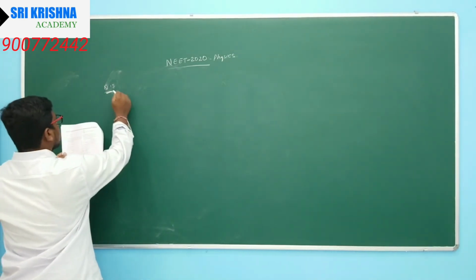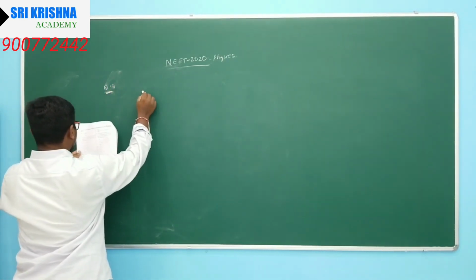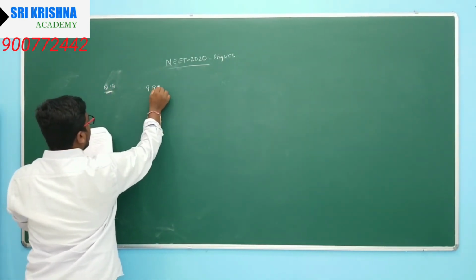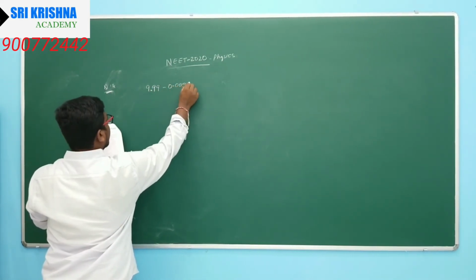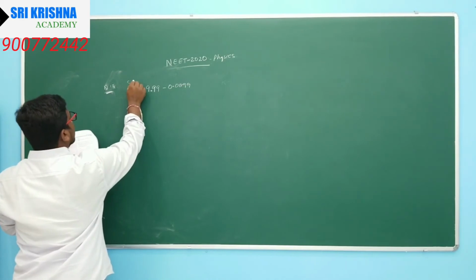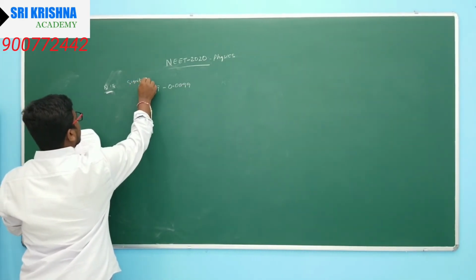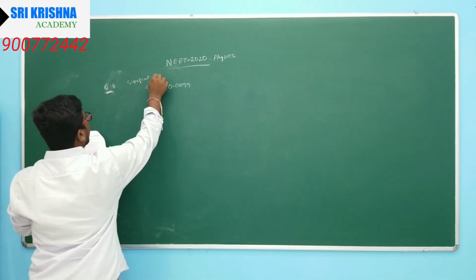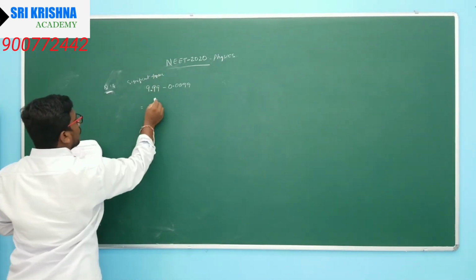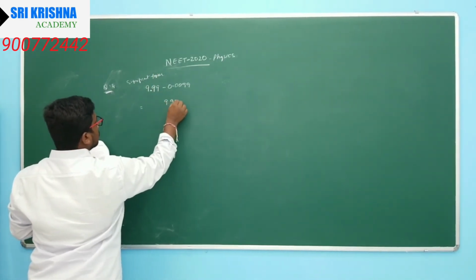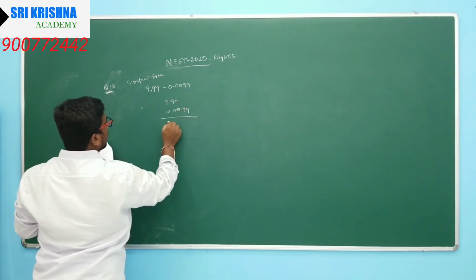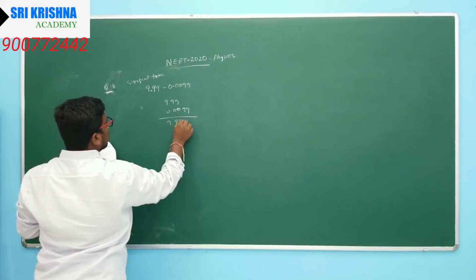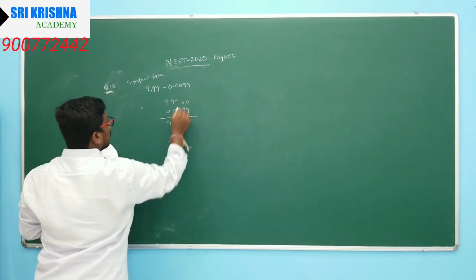Taking account of the significant figures, what is the value of 9.99 minus 0.0099? You should use the significant figures concept. When you subtract this, you will get 9.9801.